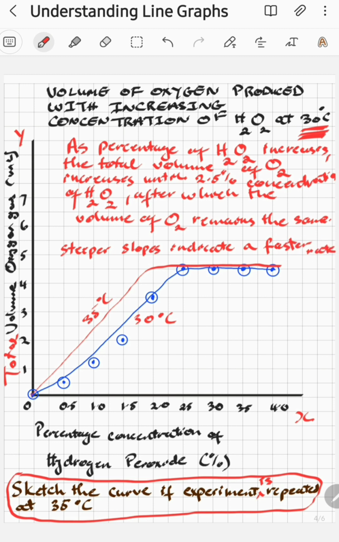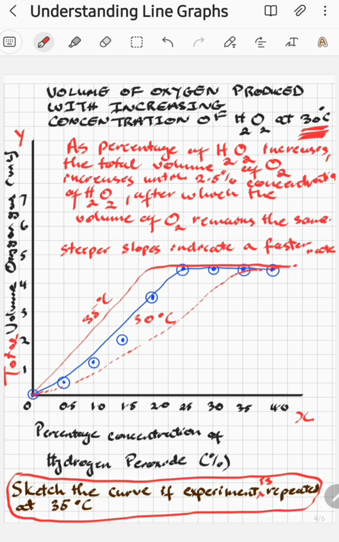Okay, now what if the experiment occurred at a lower temperature, let's say 25? Now, if it was a lower temperature, of course, we expect the same curve and everything. Then we're gonna see something like this. Okay, it's going to be a much gentler slope.